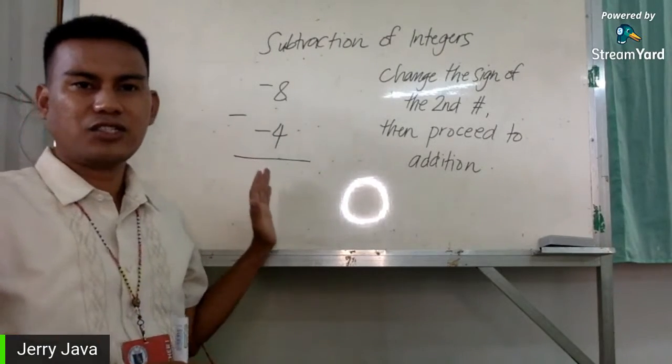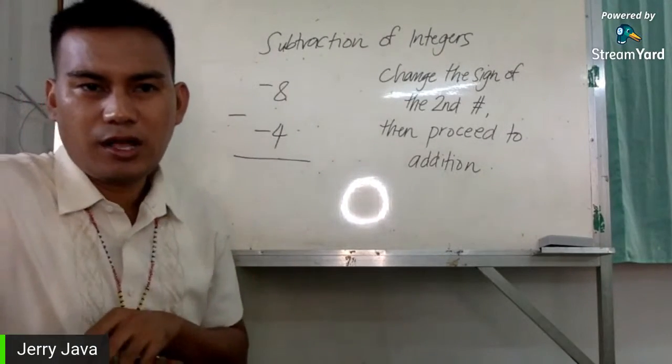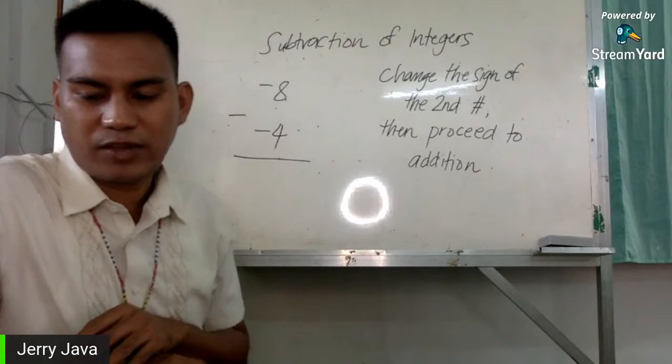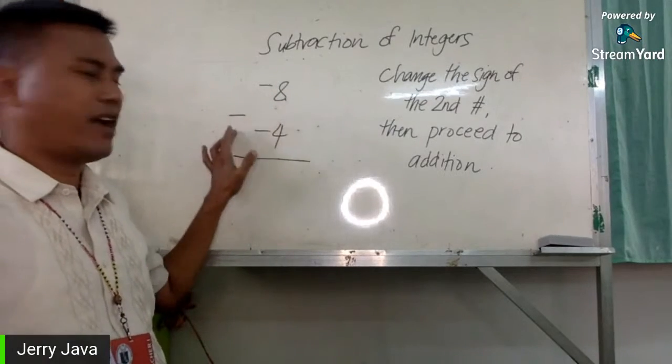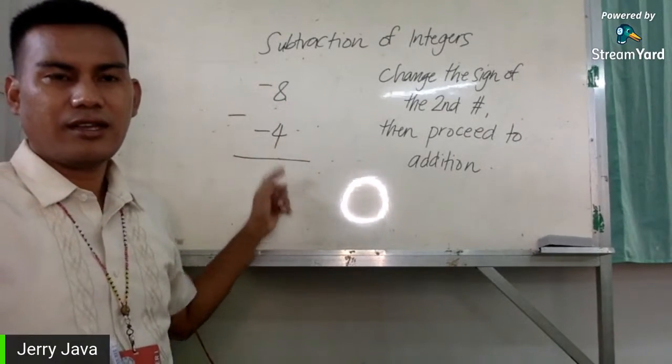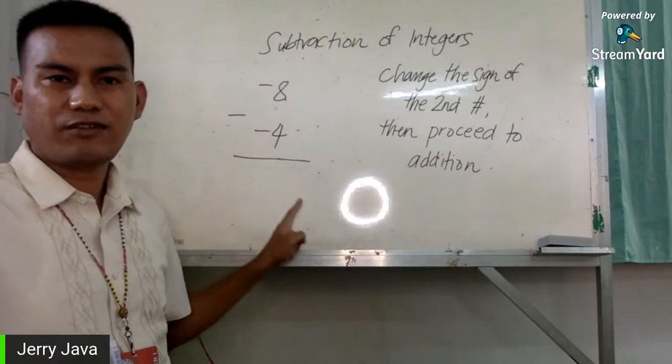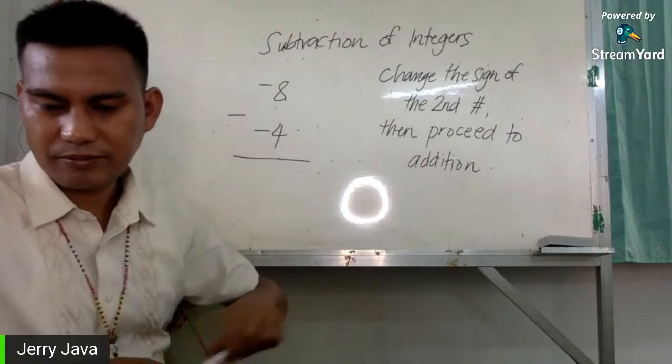Okay, this one now. Answer this. Wait for 30 seconds. That's when you're going to write your answer. Negative 8 minus negative 4. Negative 8 minus negative 4. Okay?